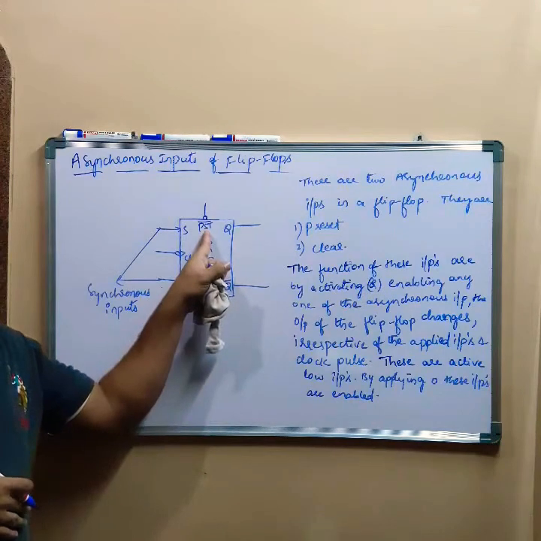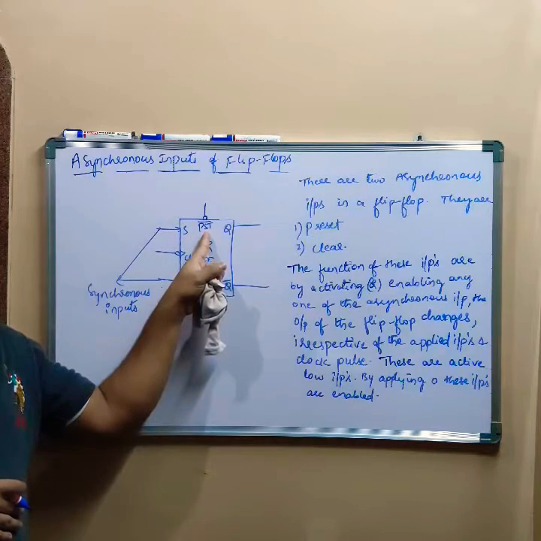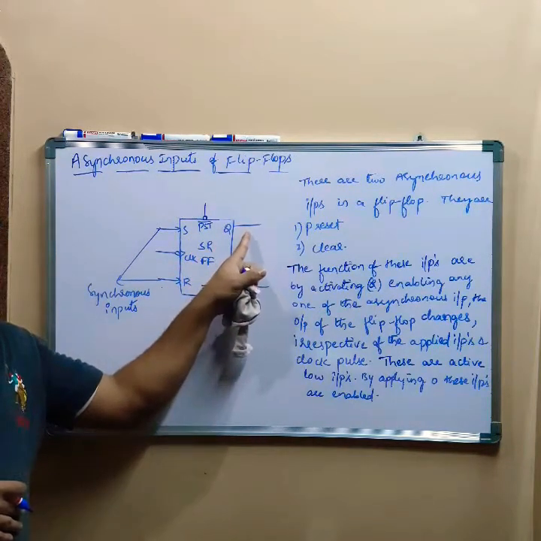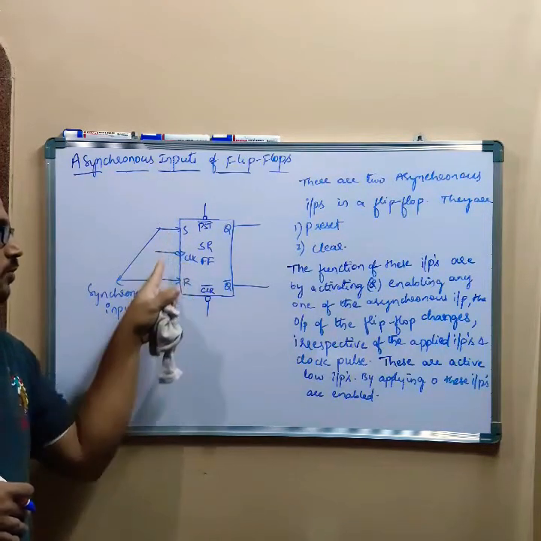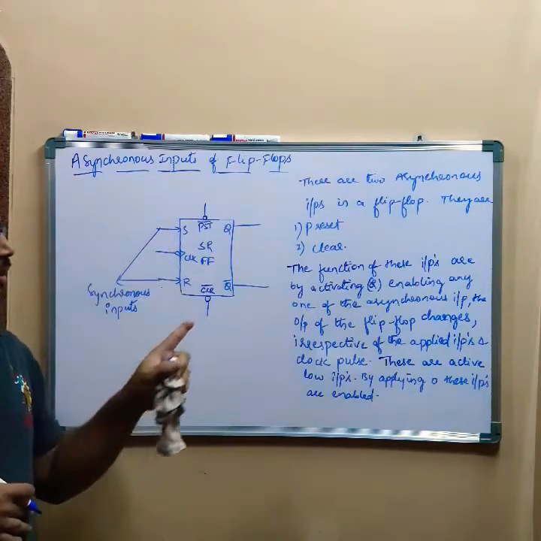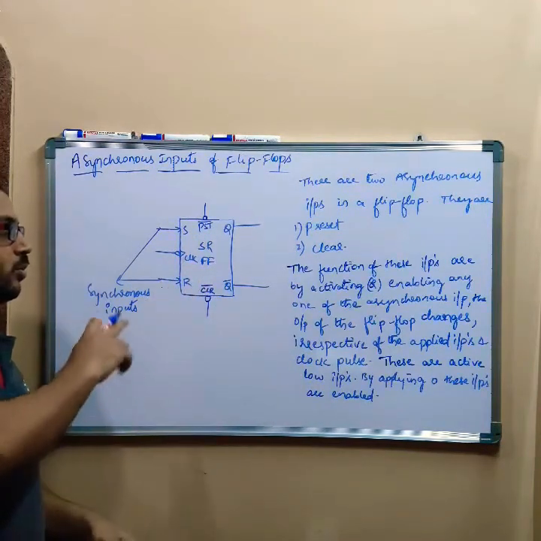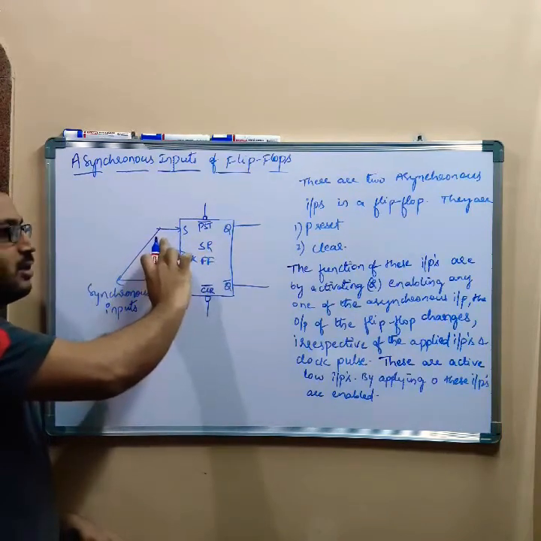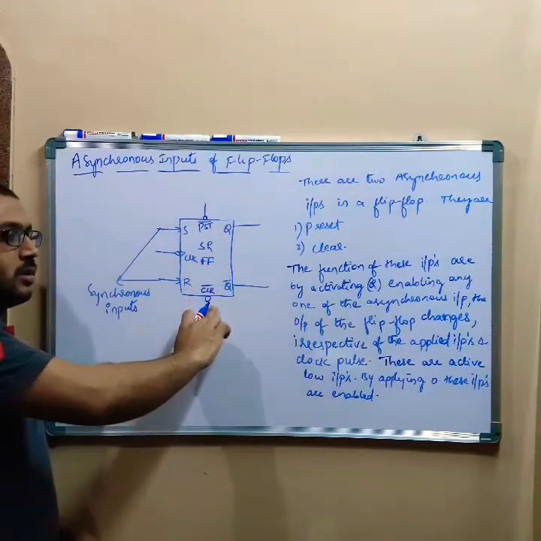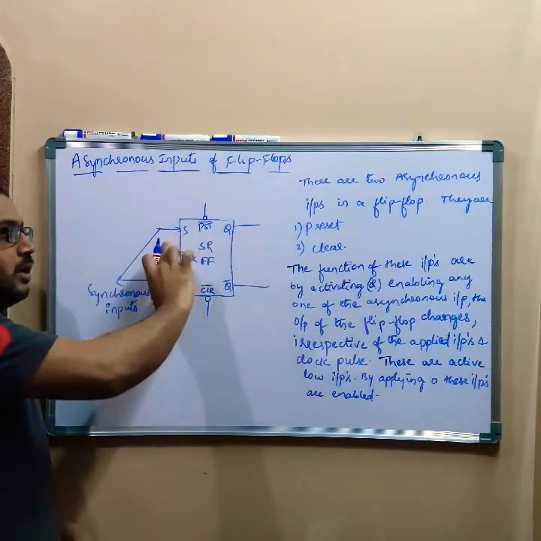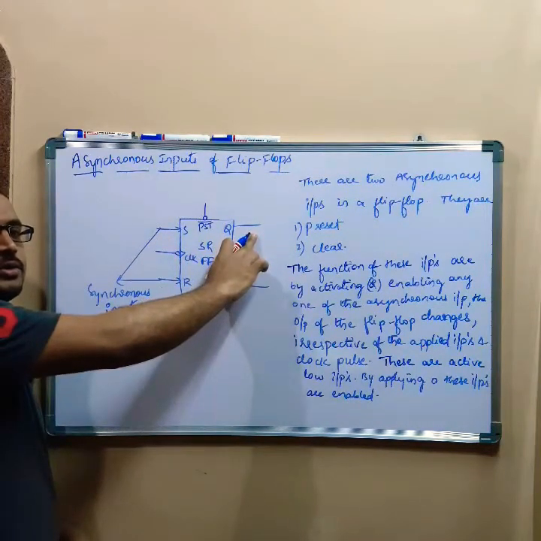I will activate the preset input. If I activate this preset input, the output of the flip-flop is continuously 1 irrespective of the inputs and the clock pulse. If you activate any one of the asynchronous inputs, whatever inputs you apply, the flip-flop doesn't consider them. If you activate clear, it doesn't consider the inputs and clock pulse, and produces the output continuously 0.